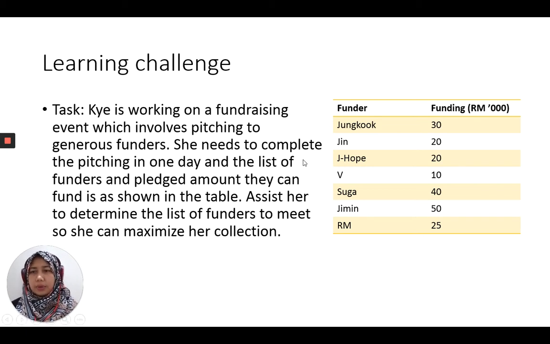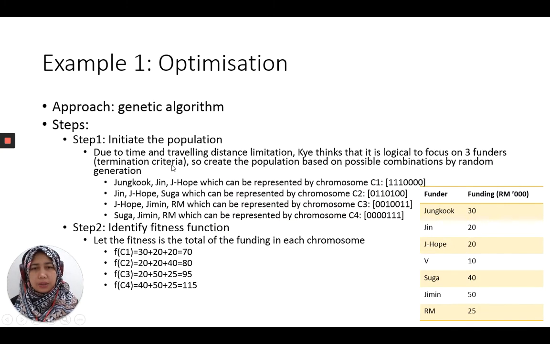Let's say that you are given this challenge. You are working for Kai, who is on a project on a fundraising event, and she has to pitch to generous funders. The generous funders are the members of BTS, and you are assigned to assist her with identifying the best combination of funders to meet so she can maximize her collection.